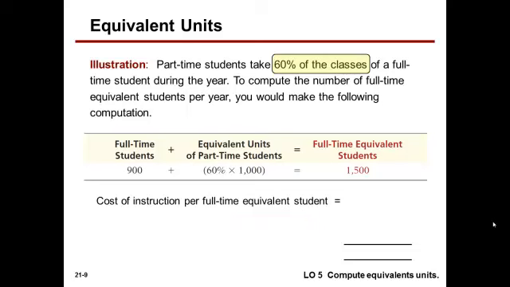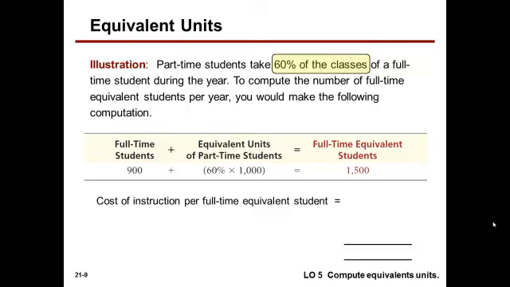We need more information about these part-time students. We'll assume that our part-time students take 60% of the classes of a full-time student during the year. So let's compute our full-time equivalent students for the year. First, full-time students, 900. Part-time students, 1,000 times 60%. That's their class load. So 900 plus 600, total of 1,500 full-time equivalent students during the year.